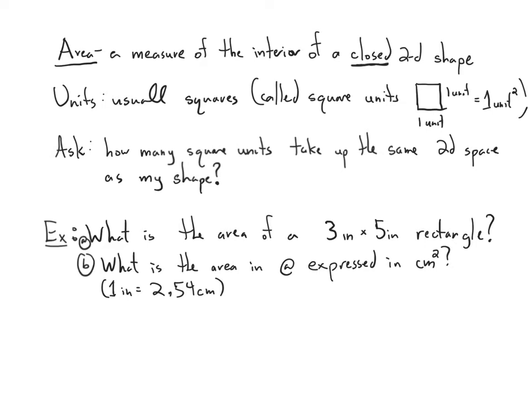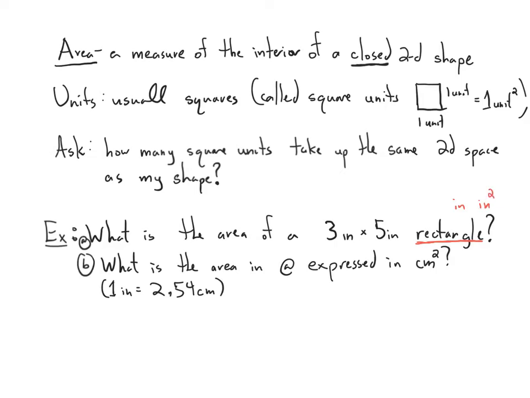So let's look at a few easy examples first. And kind of the easiest, in some sense, is a rectangle. So we want to know what's the area of a 3-inch by 5-inch rectangle. And let's be clear. Let's say our unit is going to be in inches squared.